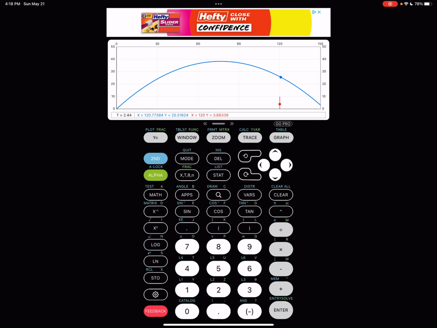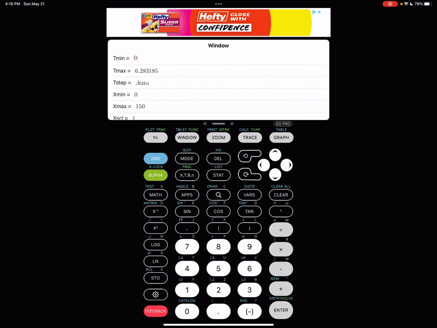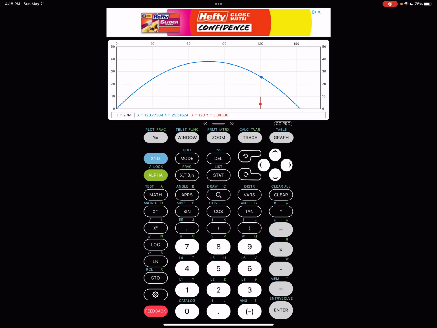And I'm going to change my window again because I can't really see it. Maybe 170, so I can see that. Then what I'm going to do is look at, so let's say 3 seconds. So it's not 3.